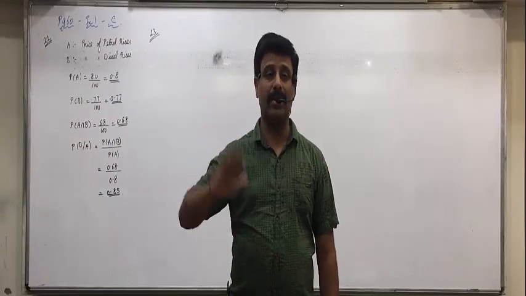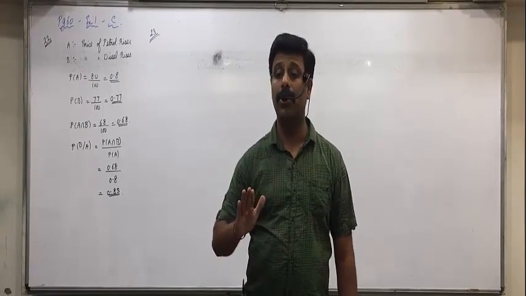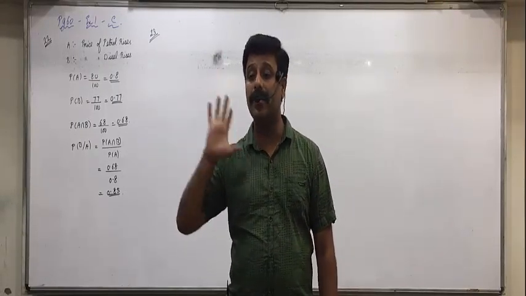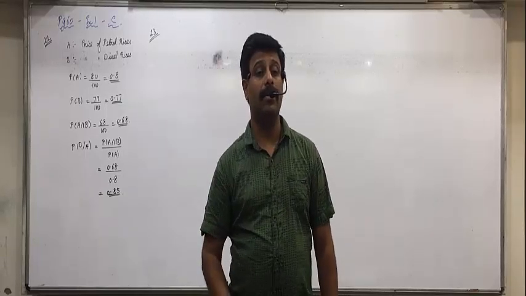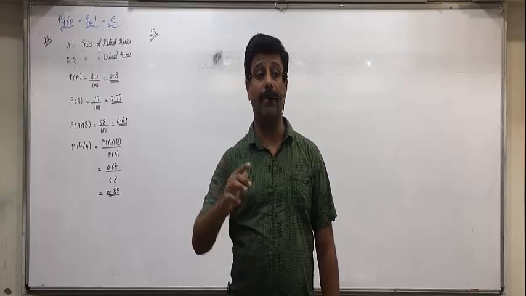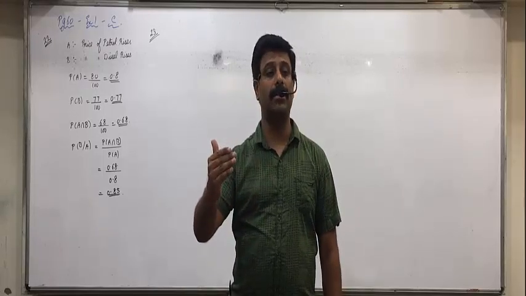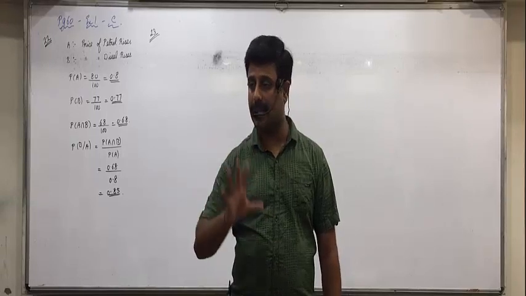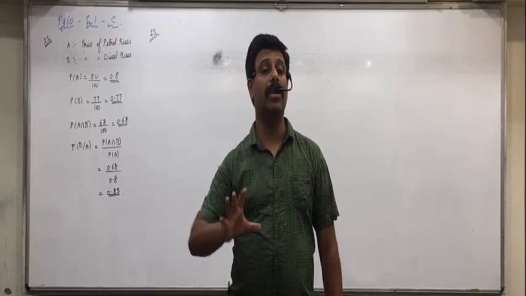Now, will the rain on Thursday depend on Friday or Friday depend on Thursday? No. So they are independent events. So how would you find A intersection B? Independent events, P(A) into P(B). Then B intersection C, P(B) into P(C). A intersection C, P(A) into P(C), and A intersection B intersection C, P(A) into P(B) into P(C).